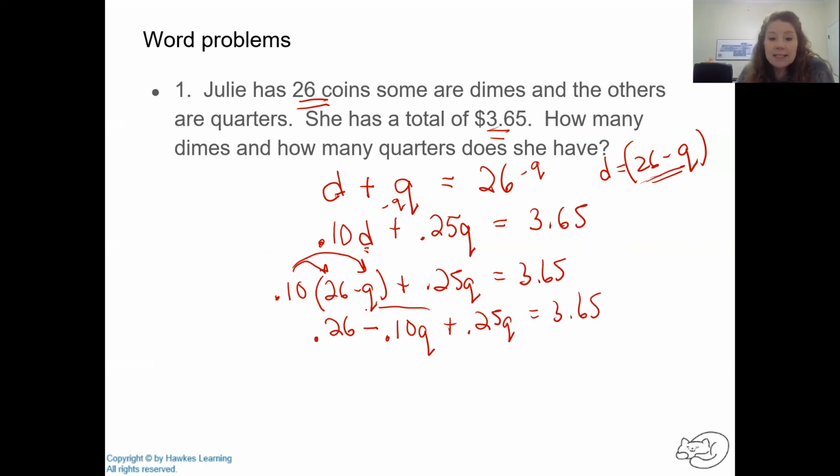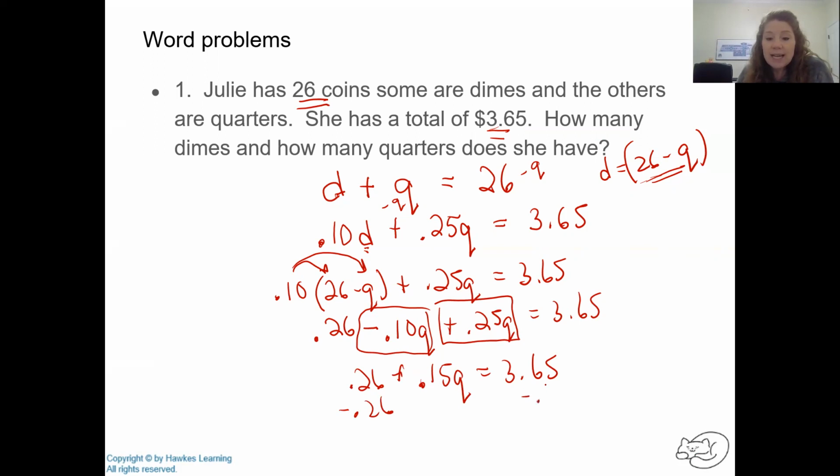I'm going to combine these like terms. So negative 0.10 plus 0.25 is 0.15Q. And that's a positive. I forgot to bring down my 0.26. So I'm subtracting 0.26 from both sides. So I have 0.15Q is equal to 365 minus 0.26, which is 339.